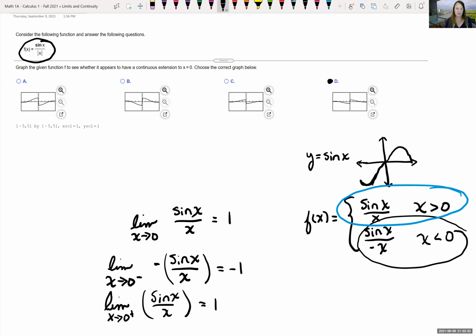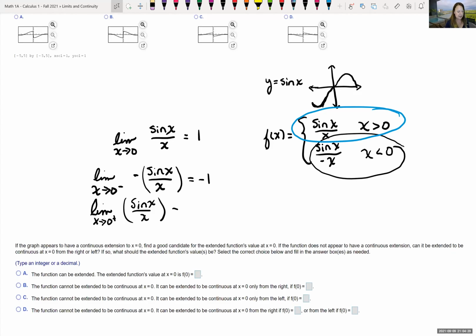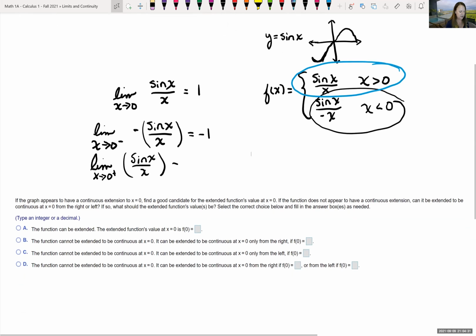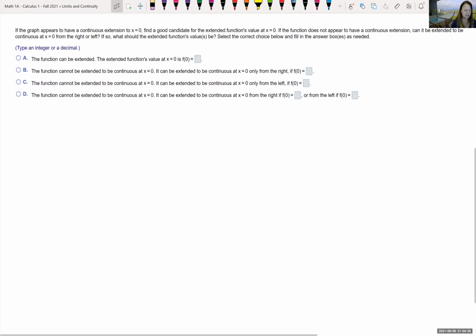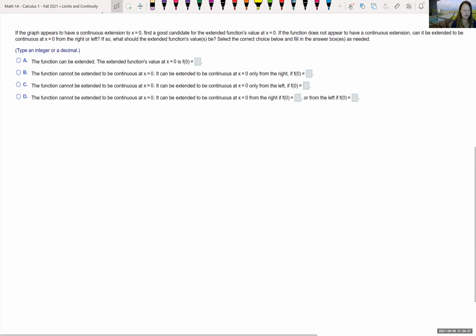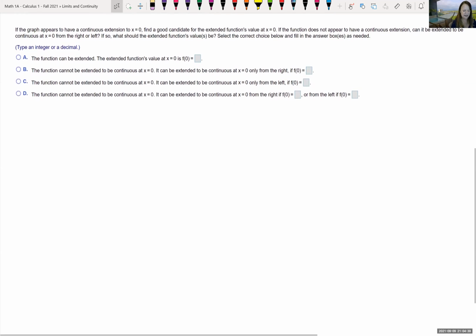So this was a multiple part question. Let's look at what the next piece says. The second part of this question says, if the graph appears to have a continuous extension at x equals 0, find a good candidate for the extended function value at x equals 0.